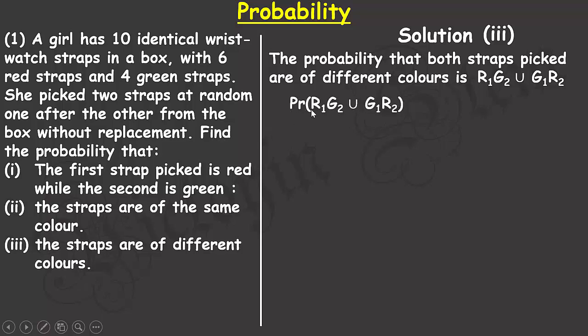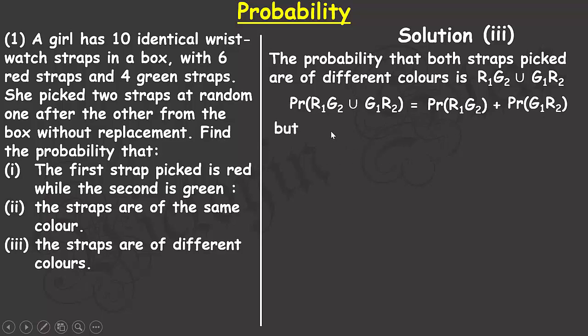So the probability of the first strap being red and the second green, or the first green and the second red, will be the probability that the first strap is red and the second is green, or (union implies or, and or means addition) the probability that the first strap picked is green and the second strap picked is red.